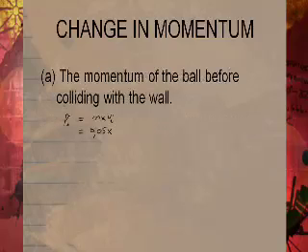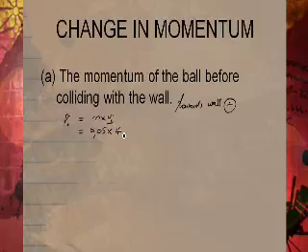But what we need to know is that we need to assign directions here. Let's say towards the wall is positive. So 0.05 times 4 gives us 0.2. So this is 0.2 positive kilograms meters per second. This means towards the wall.